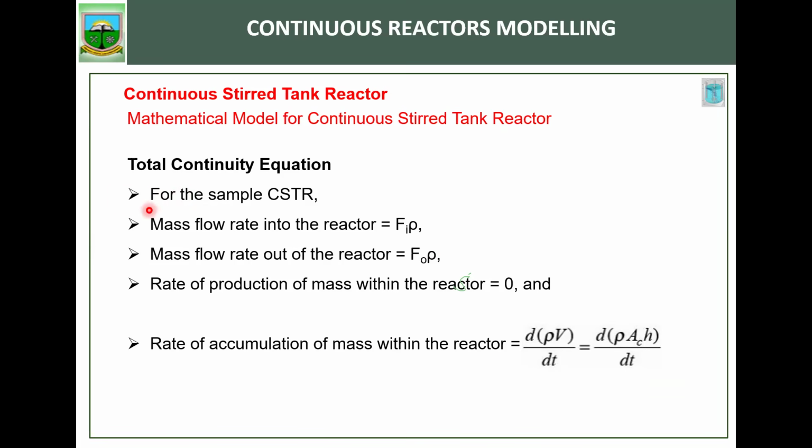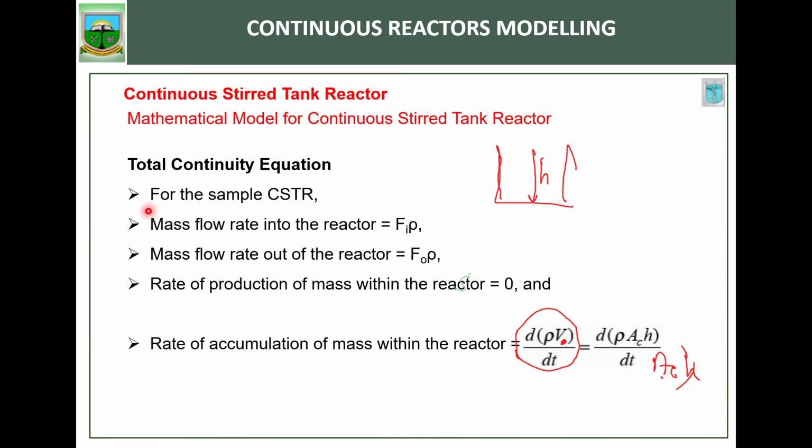After we have stated them, you see that this is our accumulation. And we further break the V to what? Area times H. So in this reactor, it is the height that determines the volume. Look at it, the area is constant, right? So it's the height that determines it. We are more particular about predicting the changes in the height of the volume.